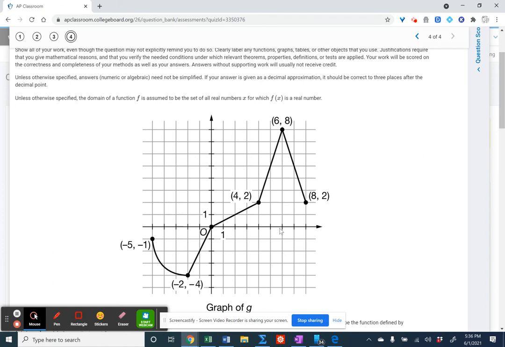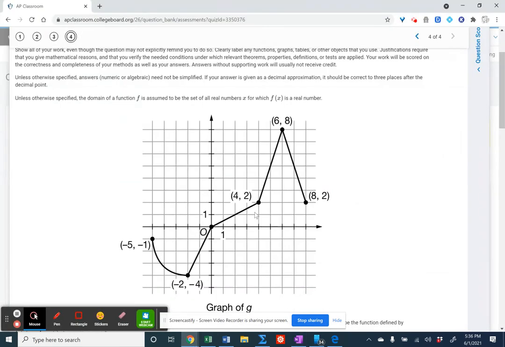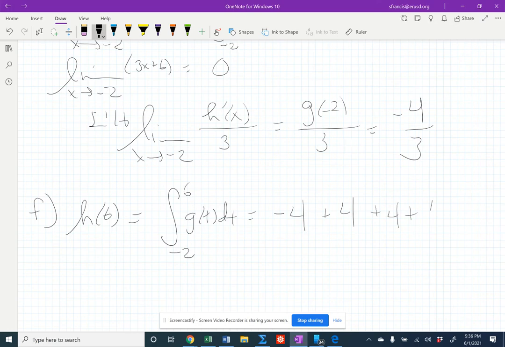And then from 4 to 6, we have a rectangle that's 2 by 2, so plus 4, and then the triangle above it has a height of 6 and a base of 2, so half of it. Those 4's cancel, those 2's cancel, and that gets you 10.